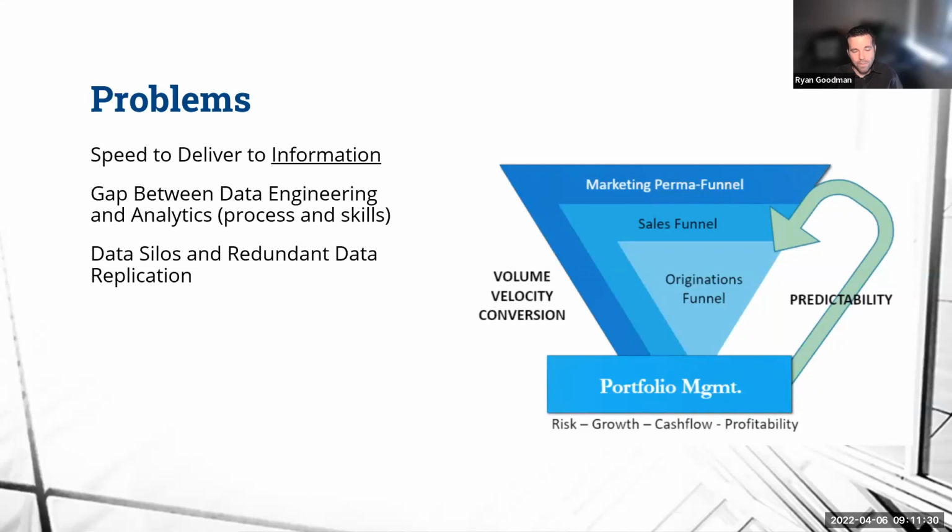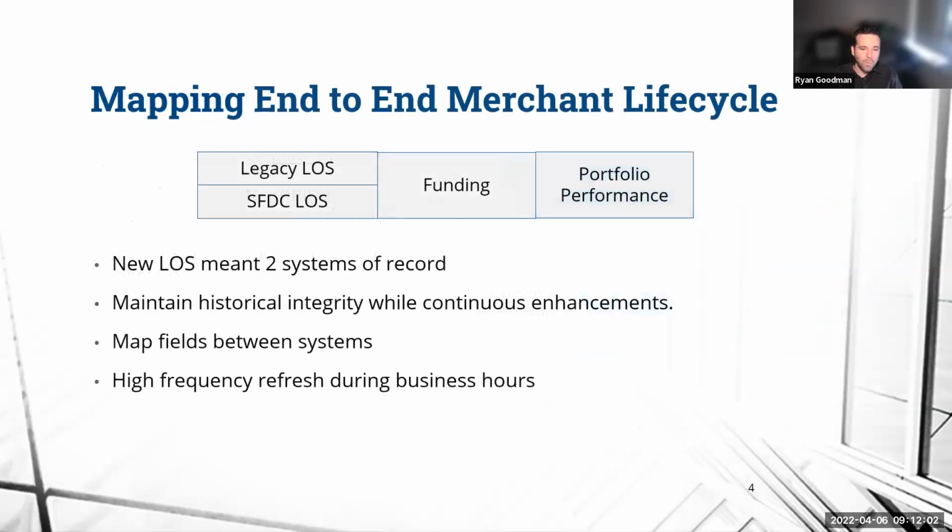So one of the big problems we're always looking to solve in moving fast is shrinking that gap, reusing skills, and similarly breaking down data silos. Rather than having data scattered across the organization in different tools and platforms, all paths needed to lead to our centralized source of truth, which in our case is Snowflake.